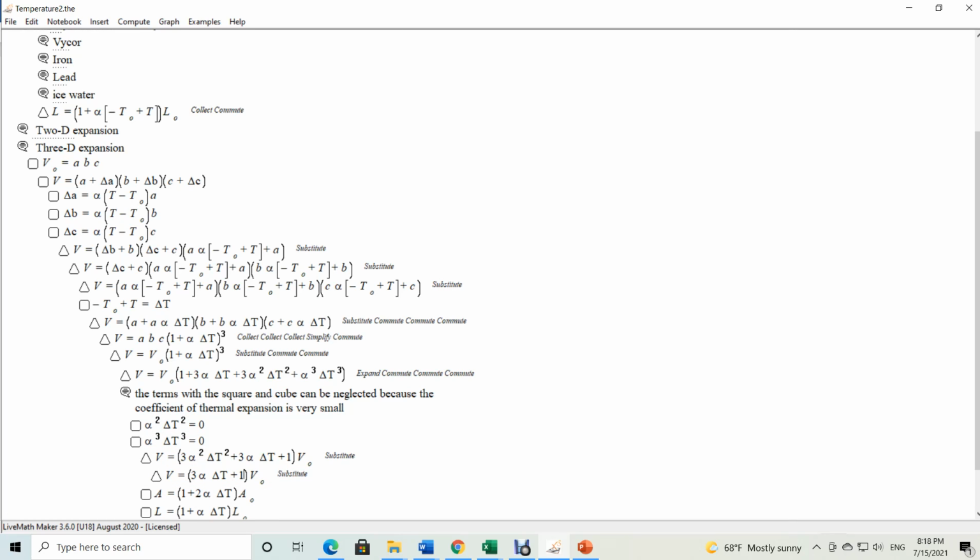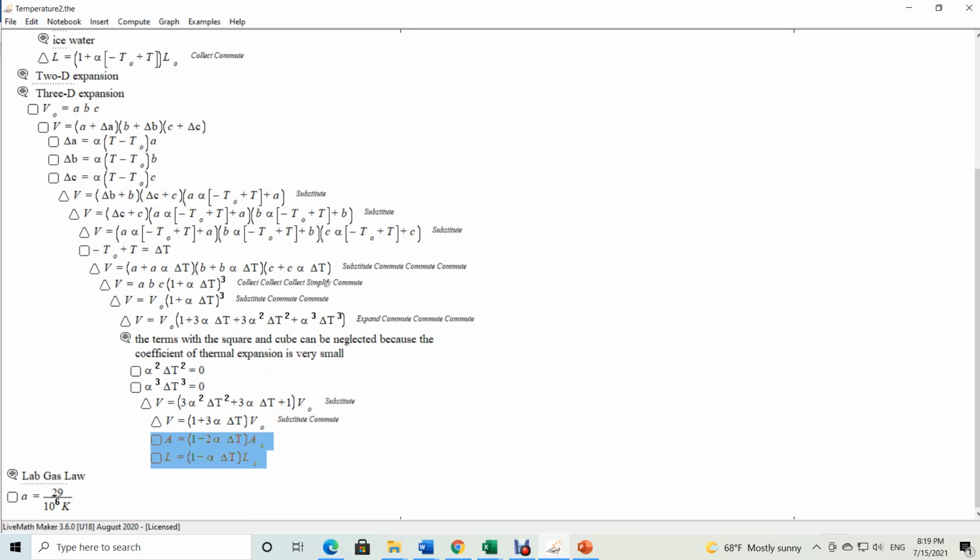Okay? And look at the relation that we get. Very similar to what we got before. L is 1 plus alpha delta t. A is 1 plus 2 alpha delta t. V is 1 plus 3 alpha delta t. Okay?